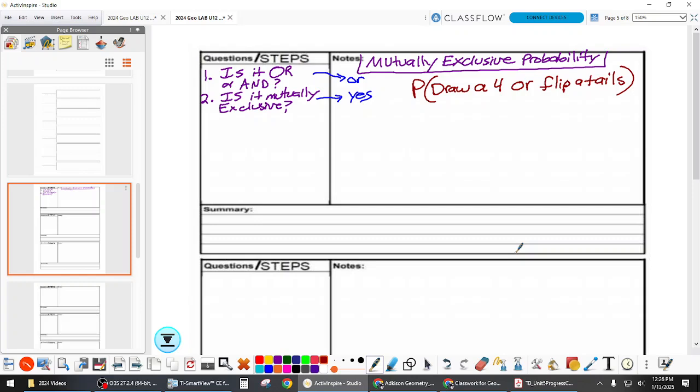Can I be a tails and a 4? No, that doesn't even make sense, right? One's a coin and one's a card. So maybe just to make sure that you're clear on that, write that out. Yes, because it can't be tails and a 4 at once.